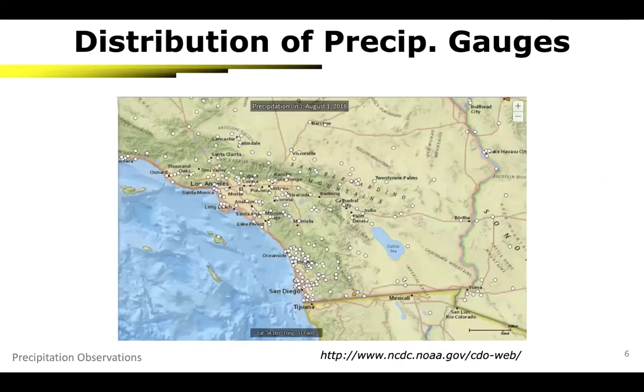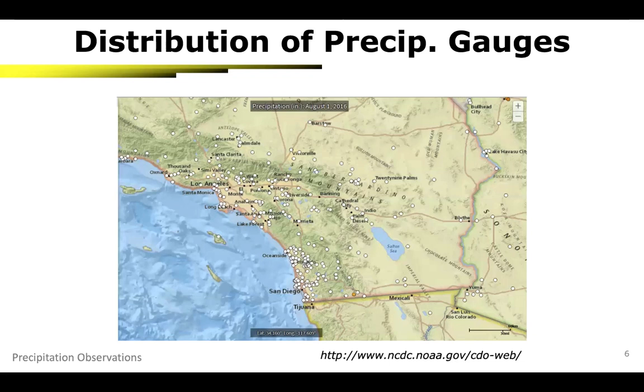Now, we have a ton of gauges distributed throughout the United States. This is kind of a snapshot into Southern California, provided by NOAA, the National Climate Data Center. And so every single dot is an observation, a precipitation gauge. Now, you would have to click on each dot to determine the time frame, the reliability of the data, what's available.